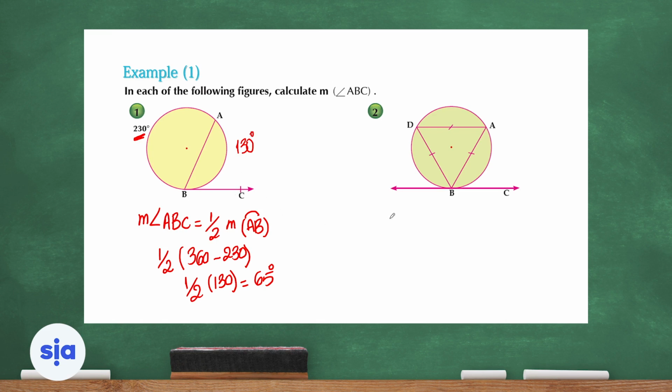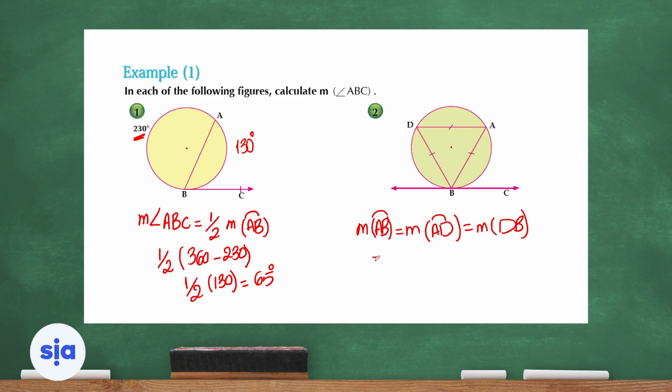In number 2, you will see that the measure of arc AB is equal to the measure of arc AD is equal to the measure of arc DB. Why is that? Because chords AB, AD, and DB are equal in length.